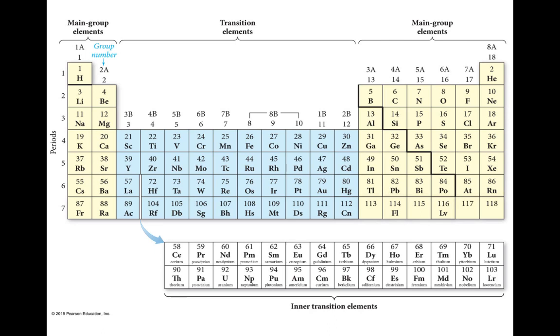If you've had chemistry before, you're very familiar with the periodic table. We see a couple of different features on here. We've got some names of our elements. So we've got the yellow blocks here, which we refer to as main group elements. And these are the ones that Mendeleev was working with primarily. And then we've got the transition elements here in blue.